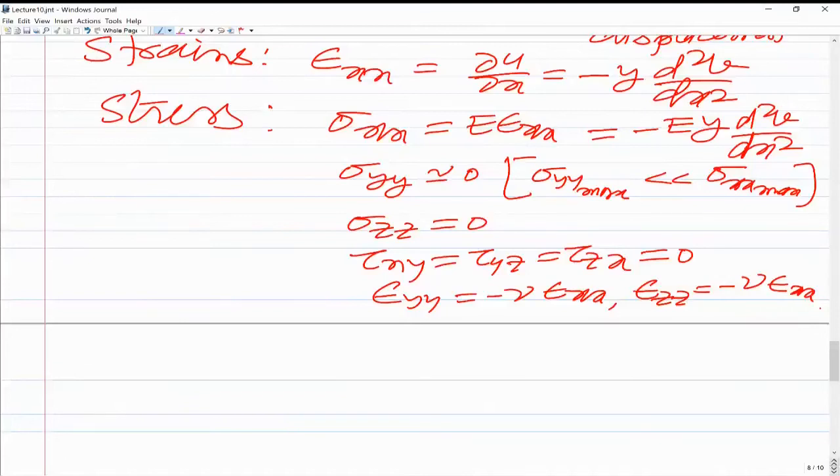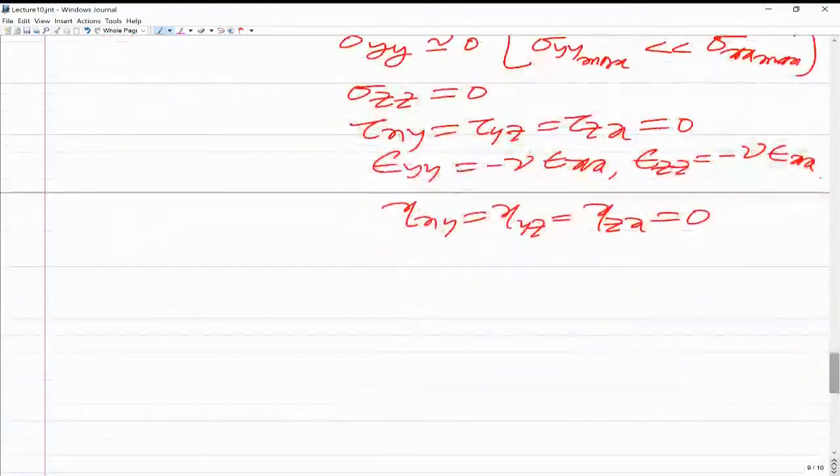Of course the other shear strains would be zero, so gamma xy equal to gamma yz equal to gamma zx equal to zero. Why am I telling you all this? Because you should know what the assumptions are. When you are choosing a particular finite element for solving a problem, you should know what assumptions are made, and whether those assumptions are valid for a given problem or not. That you have to always check.